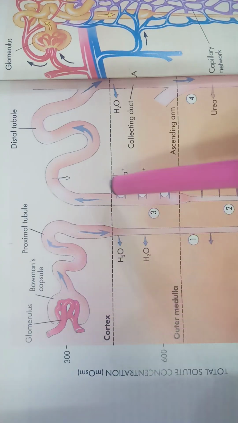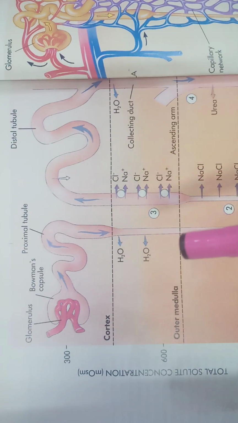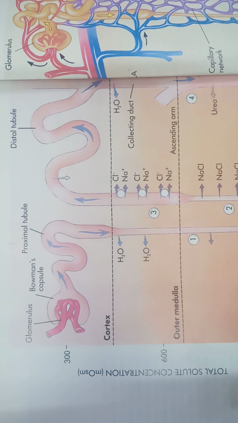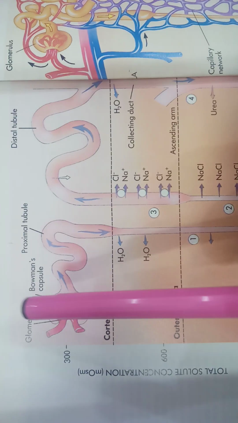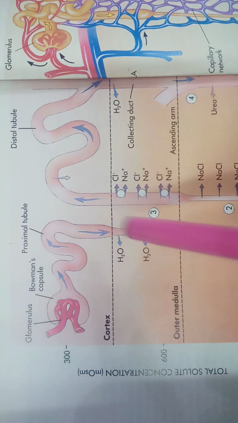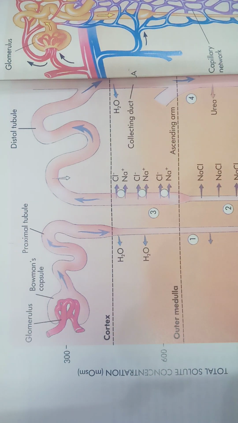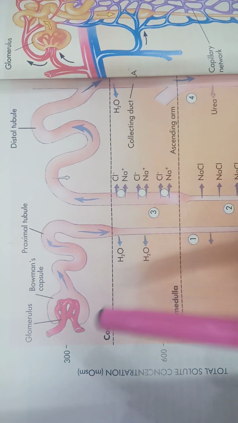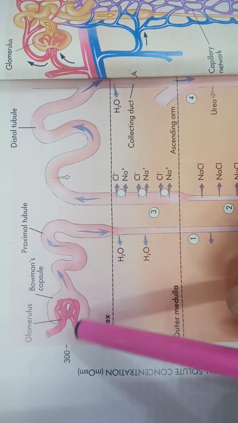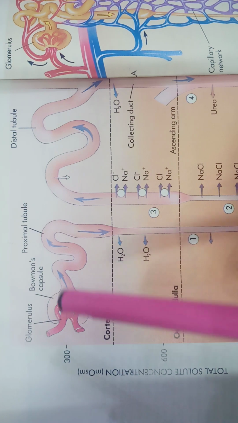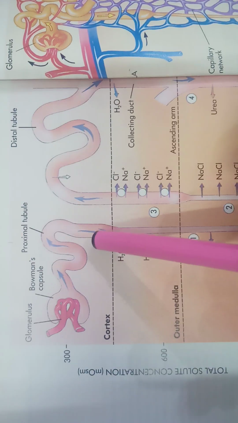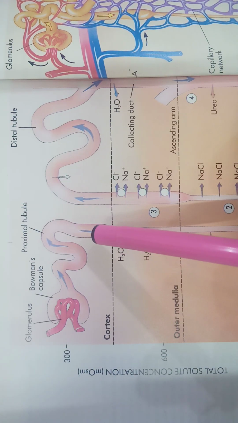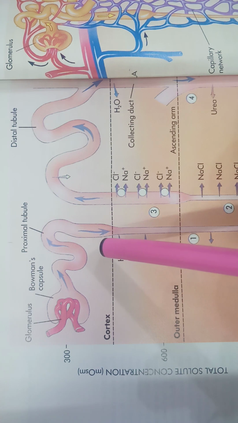The nephron is the structural and functional unit of the kidney. So the function of the nephron consists of three phases. Number one is filtration, number two is reabsorption, and the third one is secretion.